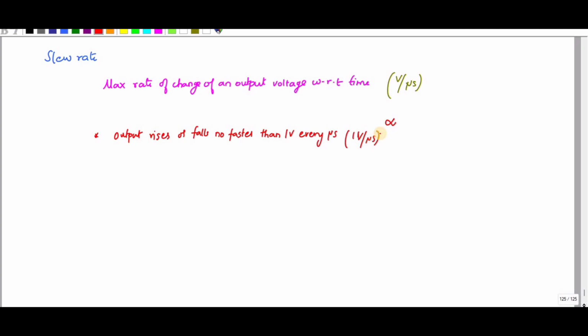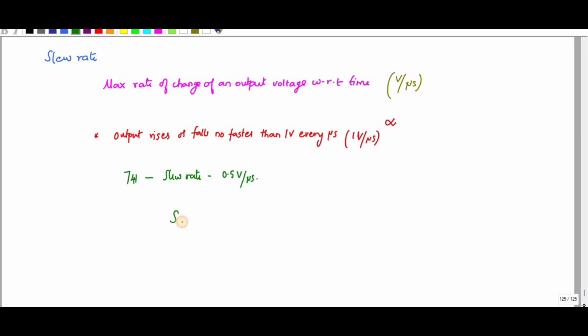Usually for IC 741, the slew rate value is 0.5 volt per microsecond.